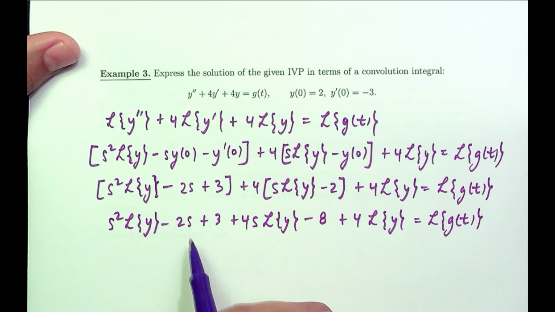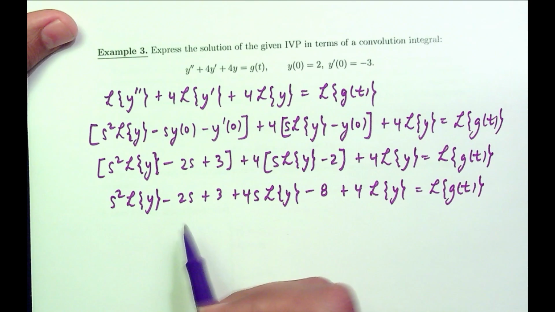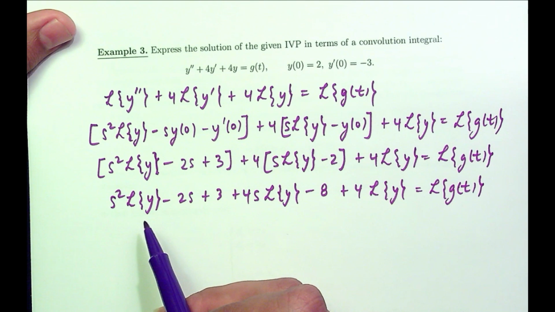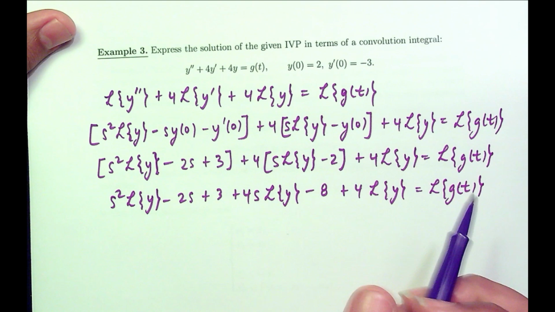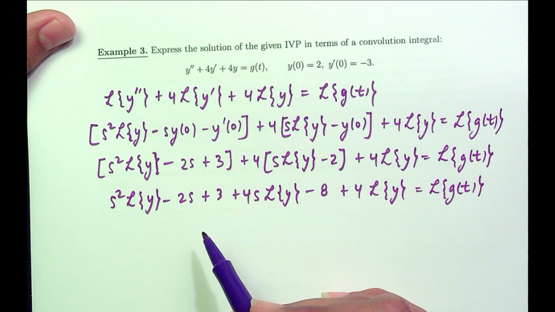Now, we're trying to solve for the Laplace transform of y. Everything that doesn't have the L of y is going to move to the other side, and everything that has the L of y is going to stay on the left hand side.